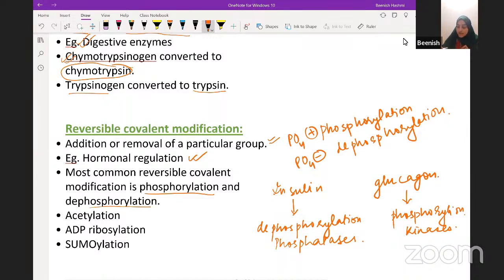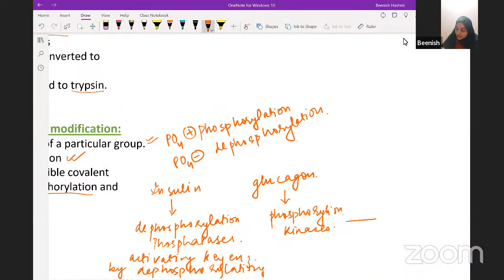So insulin was activating key enzymes of pathways by dephosphorylating them, and glucagon activates key enzymes by phosphorylating them.